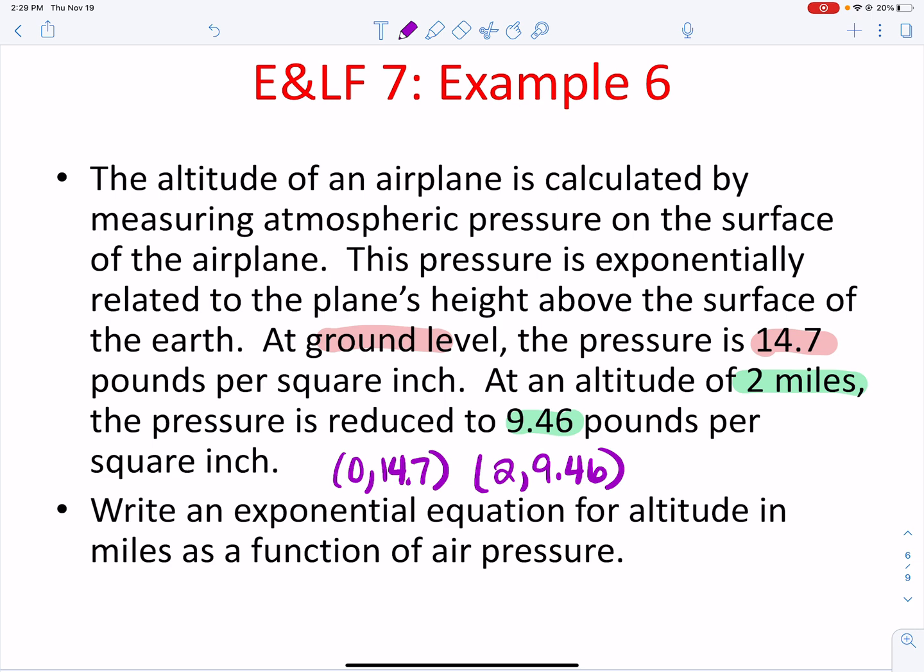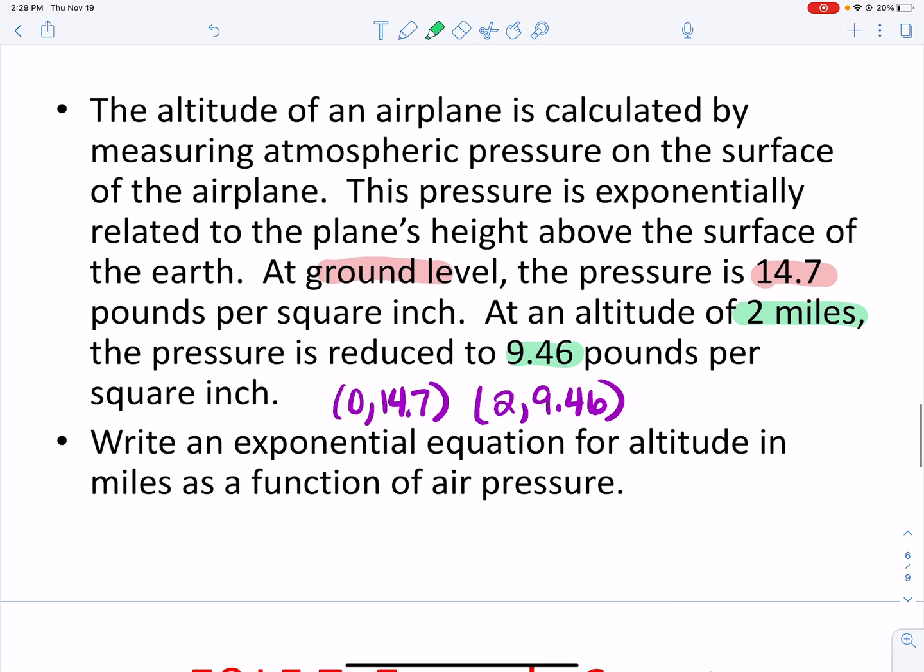So I can write an exponential equation because I have the initial point, 14.7. I know this is a decay because I'm losing value. And I have an x and a y because I have this other point.